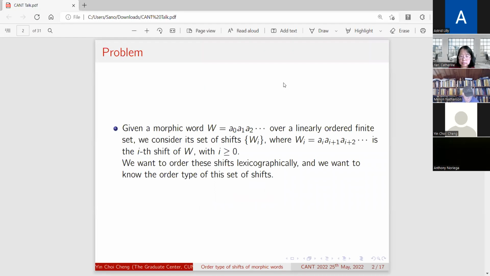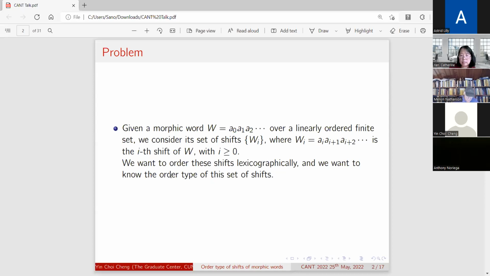So let's describe the problem that we want to consider. Given a morphic word W, with starting letter A0 followed by A1, A2 over a linearly ordered finite set, we consider a set of shifts, Wi, where Wi is the ith shift of W. Essentially, we are removing the first i letters from W. We want to order these shifts lexicographically, and we want to know the order type of this set of shifts.